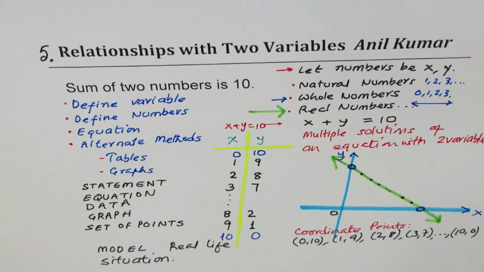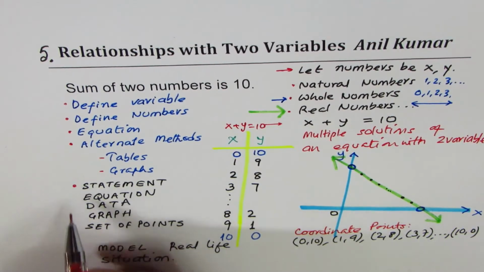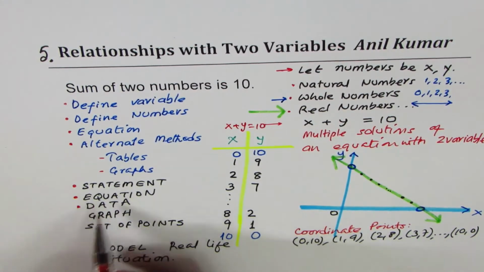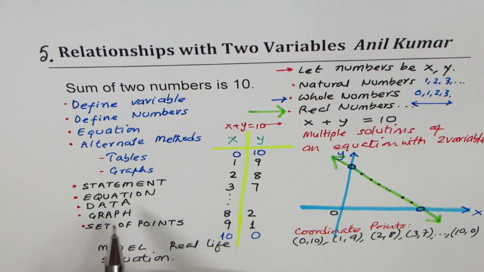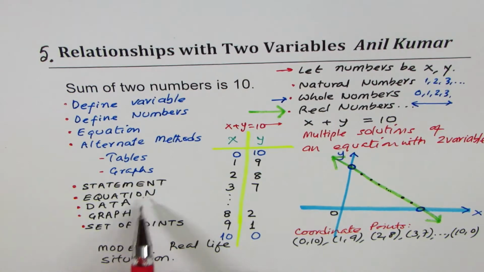And I hope this particular introduction helps you to get the whole concept, right? So these are the things to relate a statement, which is a word problem for you at times, to be translated into the form of an equation from where you can generate data, graph, and the solution. You get the point, right?